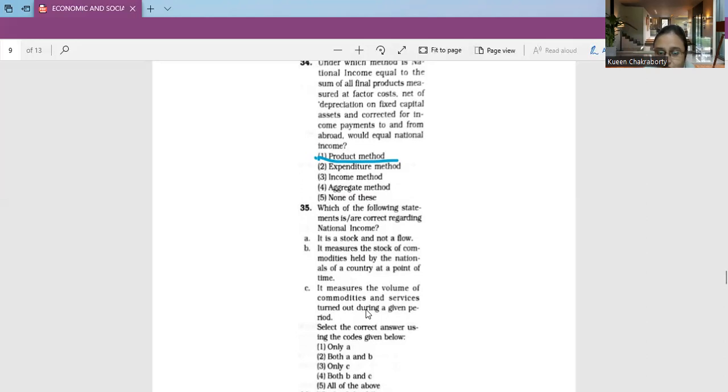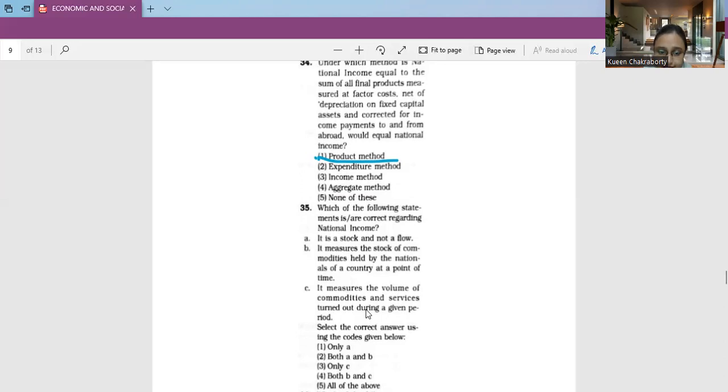Third, it measures the volume of commodities and services turned out during a given period. If I say it's a stock and not a flow, that is the wrong thing. It measures the stock of commodities held by nationals at a particular point of time, that is also not correct.